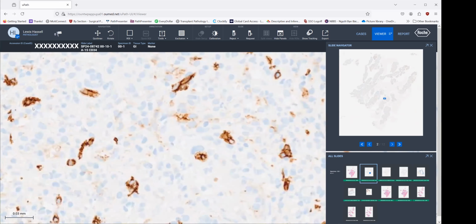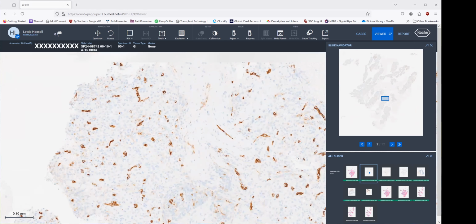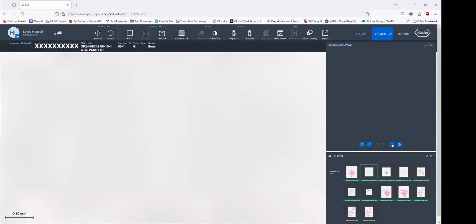So a vascular neoplasm. Any ideas of which vascular neoplasm this would be? We had a case of angiosarcoma of the liver about 9 months ago, and typically angiosarcoma in the liver is a very high-grade neoplasm. This, in contrast, is more low-grade, and to kind of further illustrate that, I'll show you some of the other stains here.